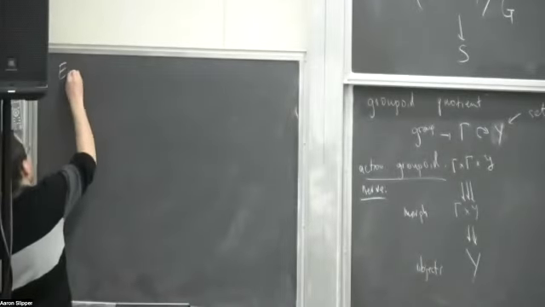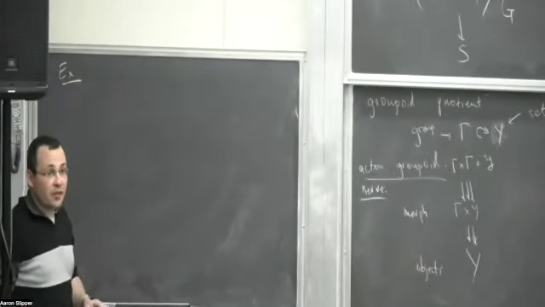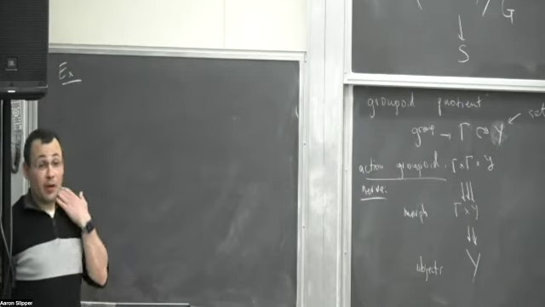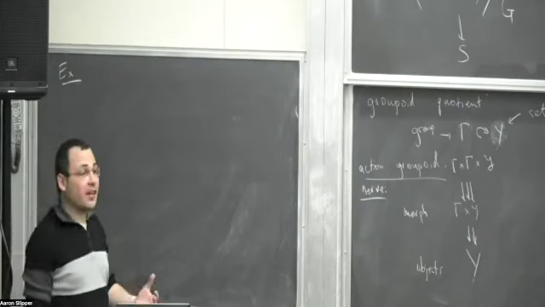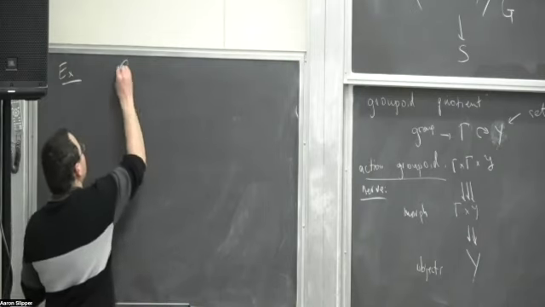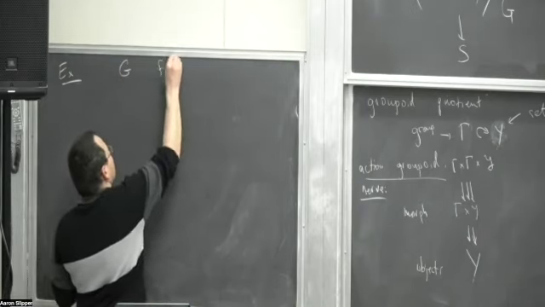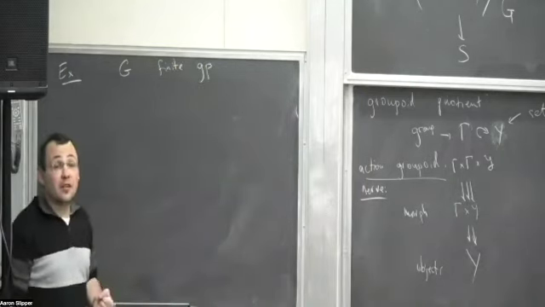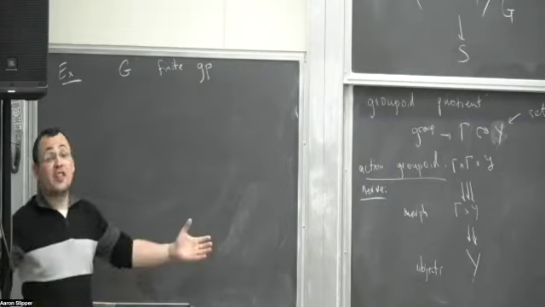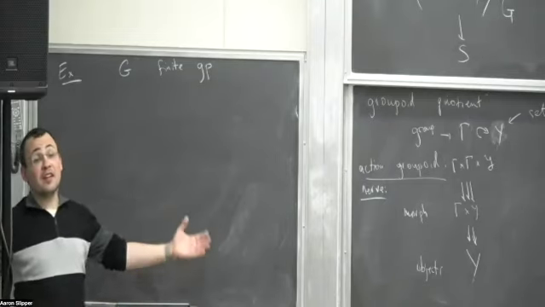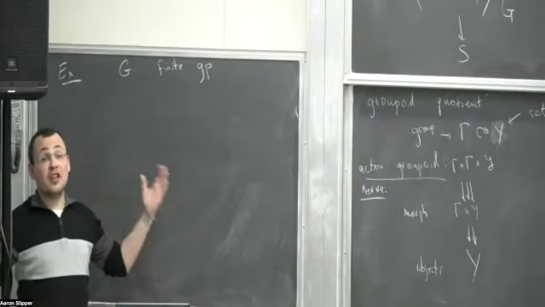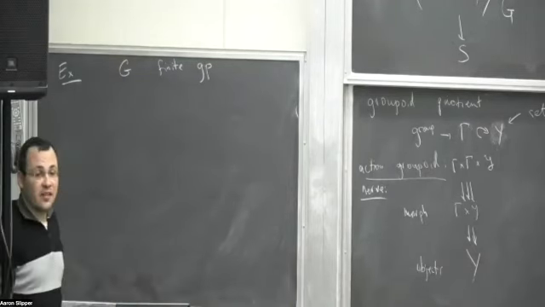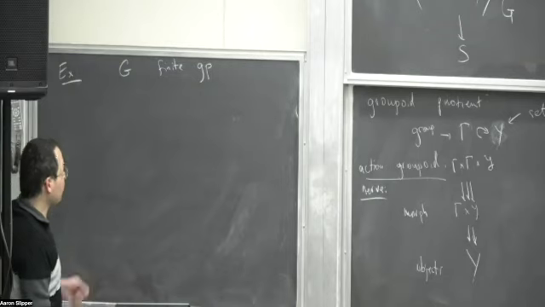First of all, here is what I think is a really fun example. This is where X is not a curve, but X is a point, and G is going to be a finite group. Any finite set you can regard as a scheme over anything, just a disjoint collection of points.